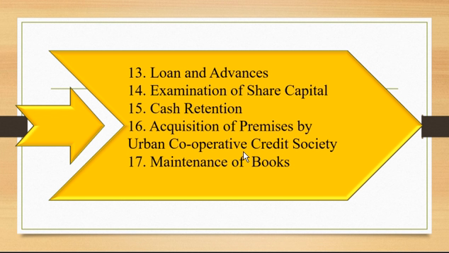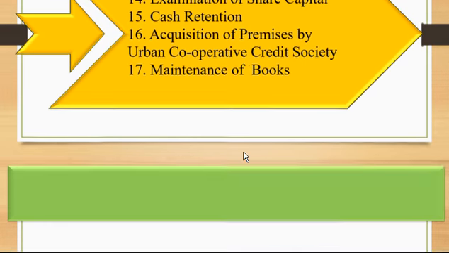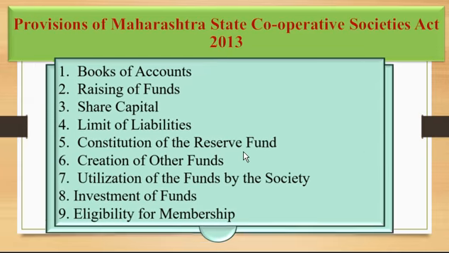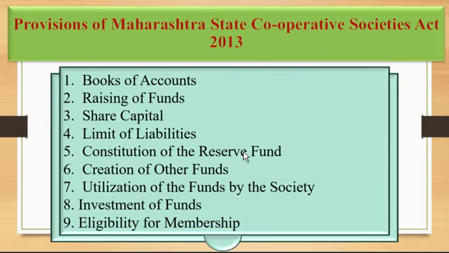Now let's discuss various provisions of the Maharashtra State Cooperative Societies Act. Friends, the Maharashtra Cooperative Society Act of 1960 has been amended with effect from 16 February 2013.